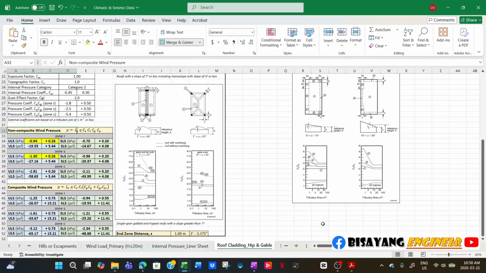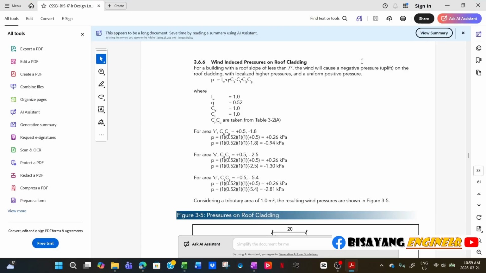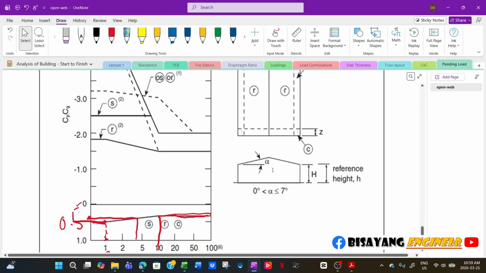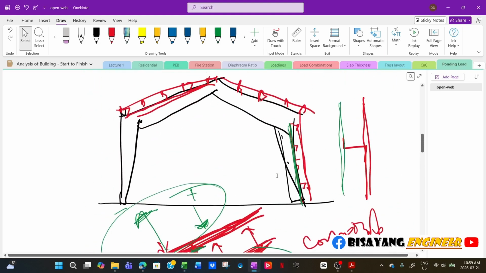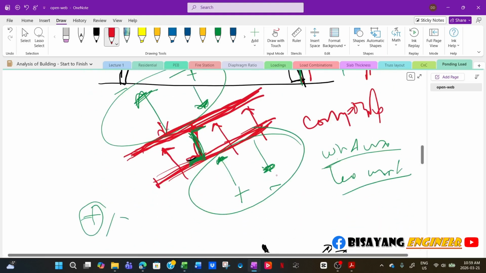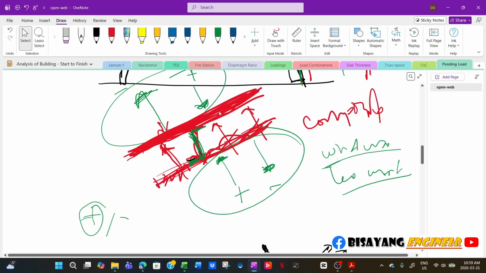But like I said earlier, if your cladding is the same, you don't have a liner, and everything is acting on the same element, the same roof cladding. So, for example, there is no liner sheet. That means that is now a composite action on your cladding.